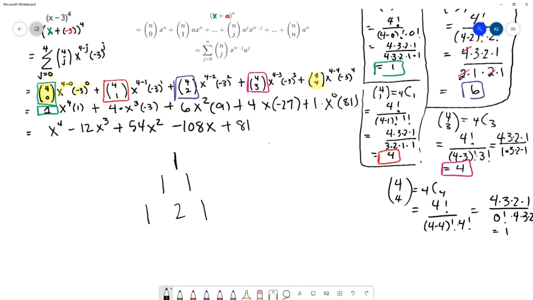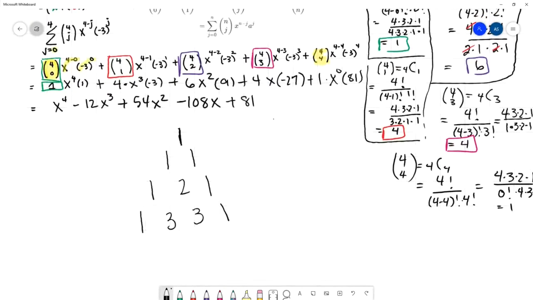When we create the next row, we're going to have the 1s on the edges, and we're going to get 1 plus 2 is 3, and 2 plus 1 is 3. And then we'll go one more. 1 plus 3 is 4, 3 plus 3 is 6, 3 plus 1 is 4.